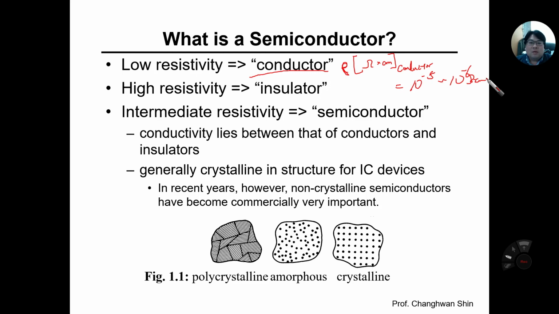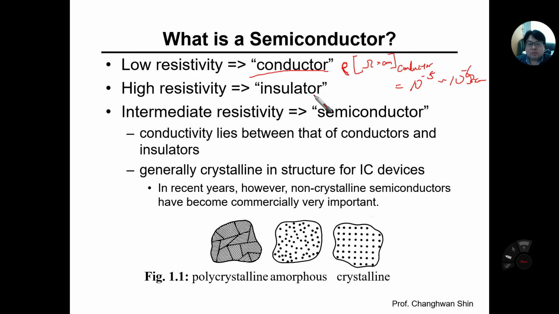Then what about another material which is standing right on the opposite side of conducting material? That is an insulator. So insulator basically doesn't have too many free electrons and other charged particles. Because of that, insulating material or insulator cannot easily flow the current.